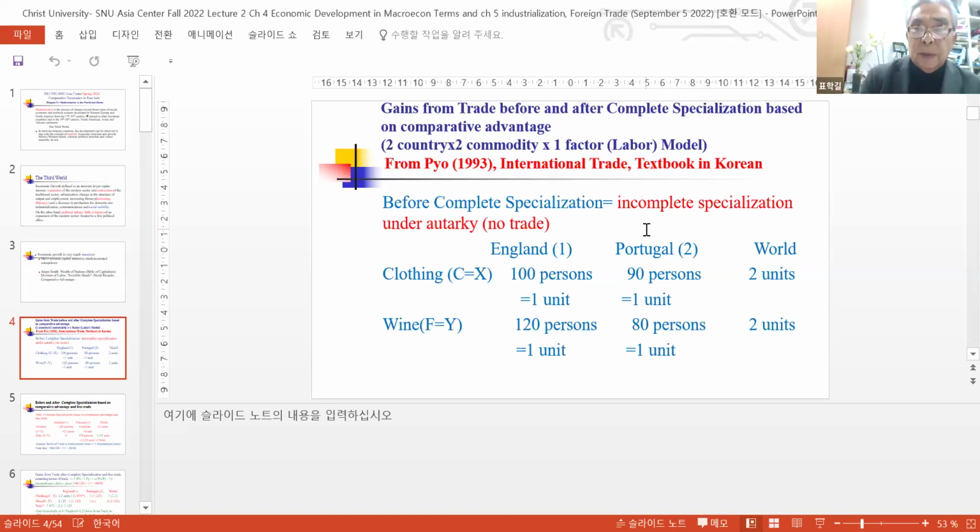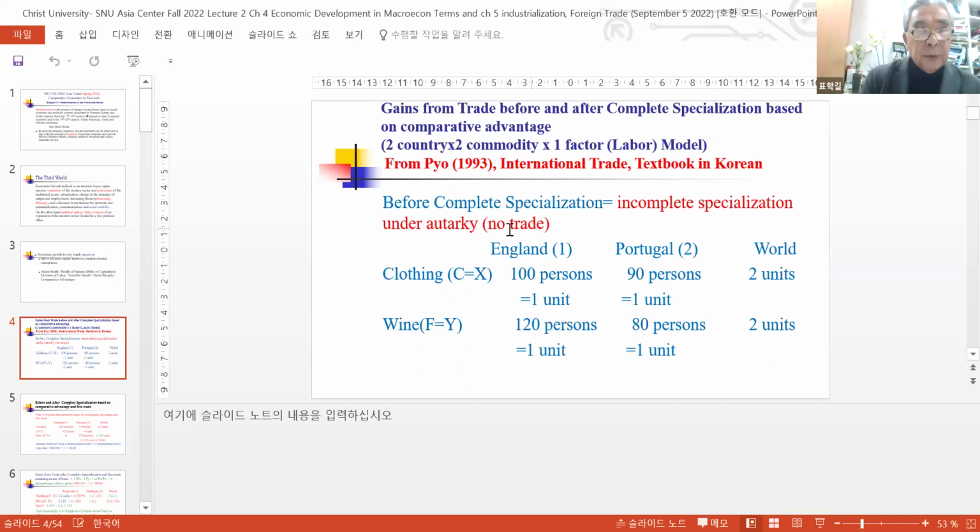Then probably the world should have 2 units of clothing, 2 units of wine. Okay. But this is kind of autarky, no trade situation.